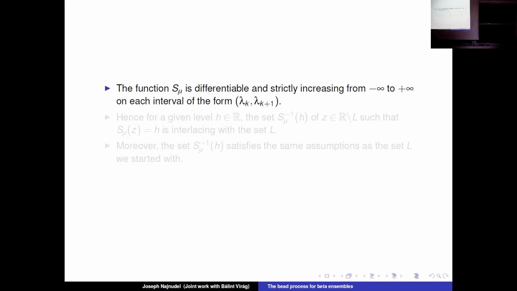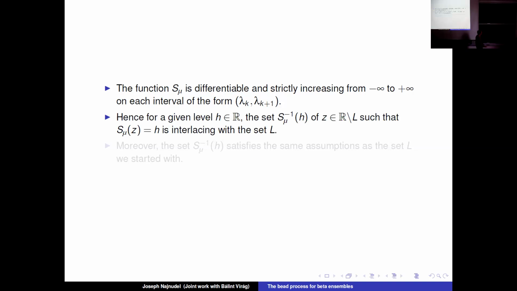And then what happens is if I take a level line, for example, the line where the transform equals H, then I get a new set of points. And this set interlaces with respect to the points lambda. So this defines a new point process in this way.